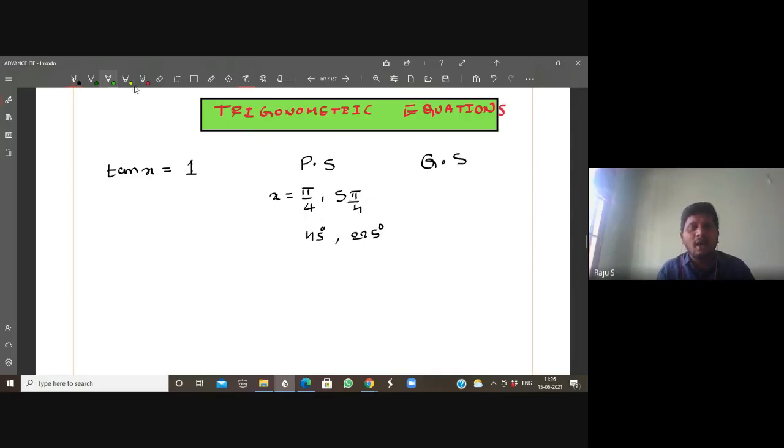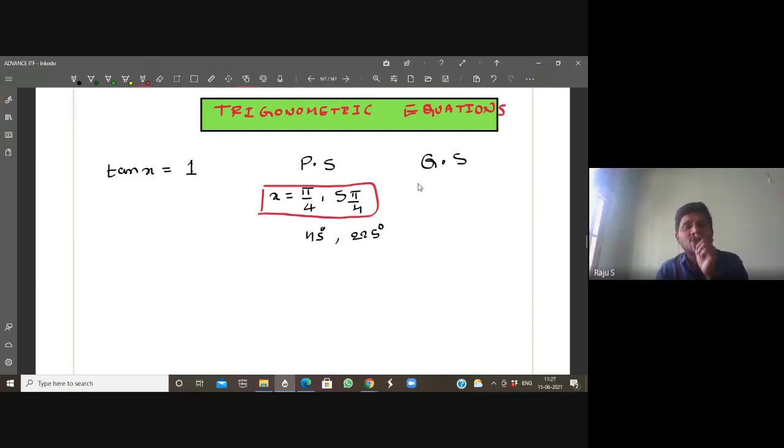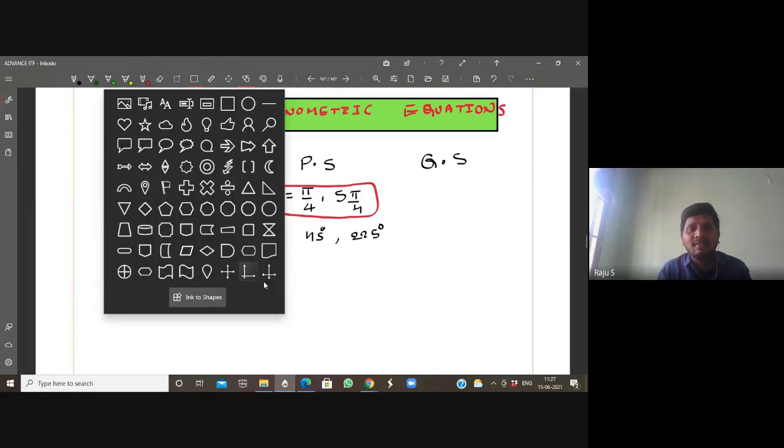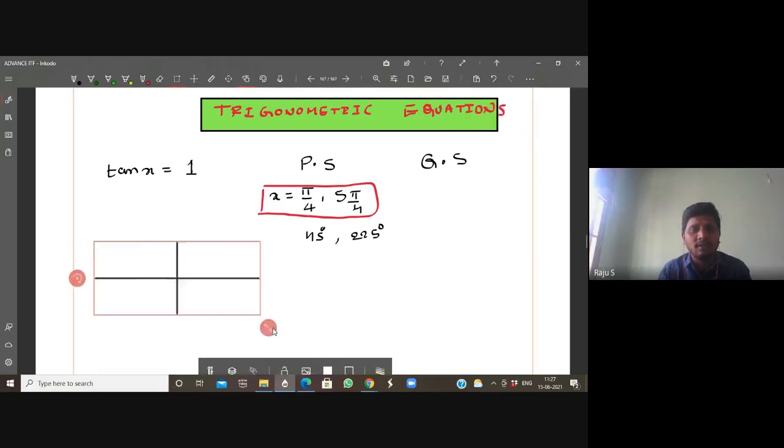Okay, so these are the principal solutions. The general solution I will tell you as a shortcut. You know the sin x and cos x values repeat after 360 degrees, but tan x values repeat every 180 degrees.